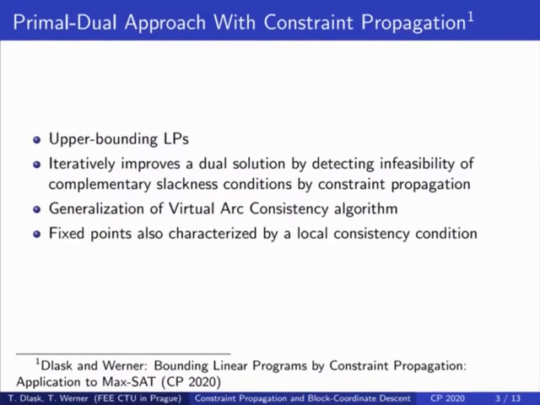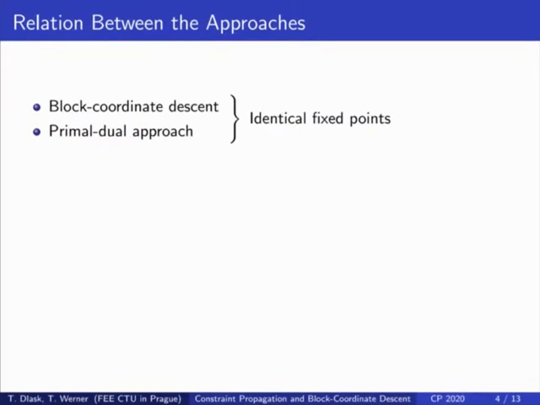Though this is not a BCD method, the fixed points of this approach are also characterized by arc consistency of the active tuples. We show that the primal-dual approach with a specific kind of constraint propagation and BCD have identical fixed points, which unfortunately may not be optima, but only provide an upper bound on the optimal value.